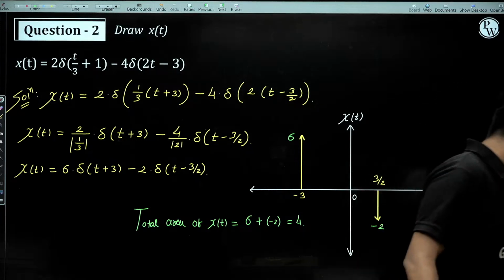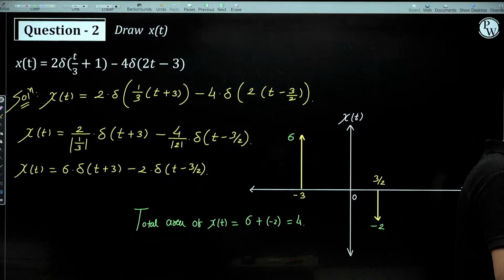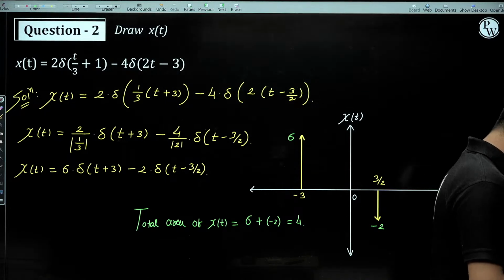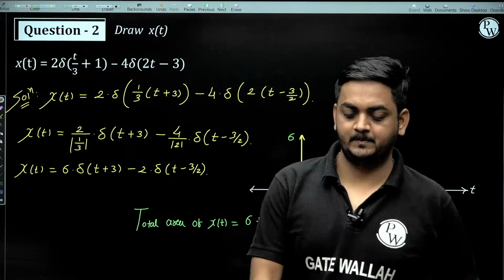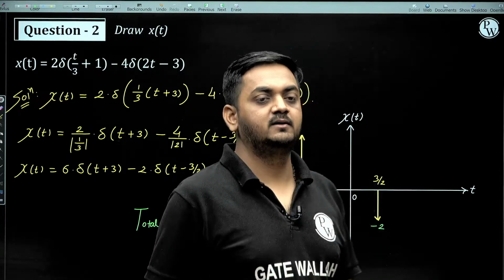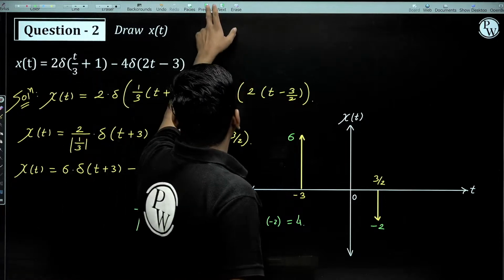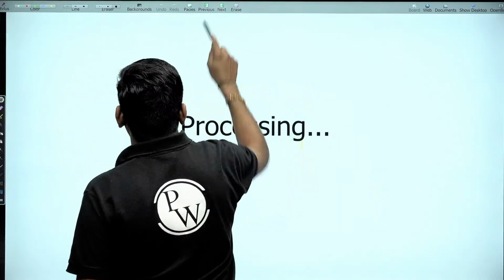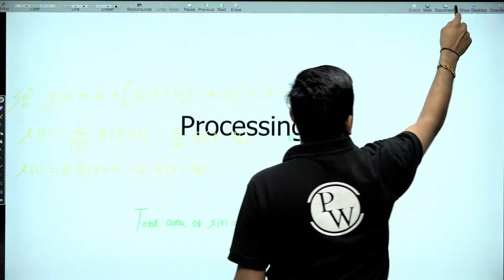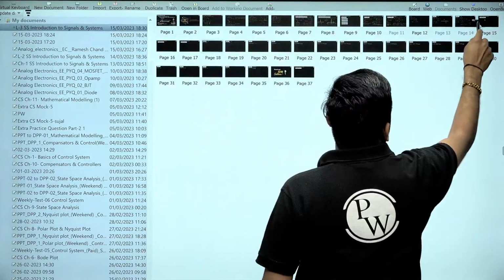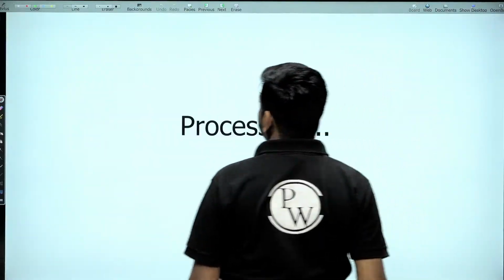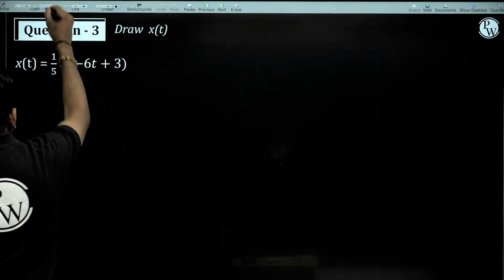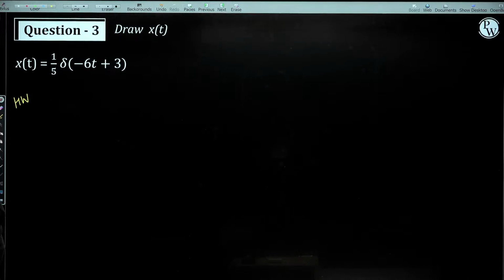Later we will see more. Got it? Fine. Okay, so guys, let us finish this lecture here, and I am giving some questions as homework. Solve question number 3, try it yourself, guys: draw x of t and find the area of x of t.